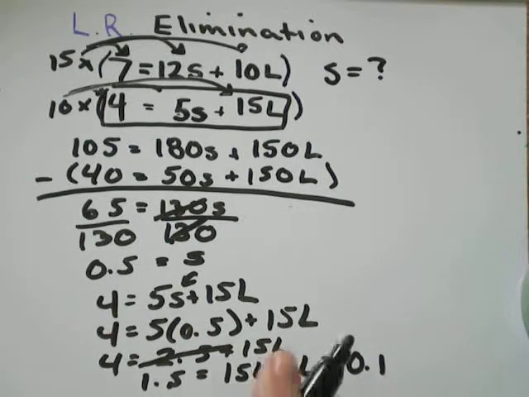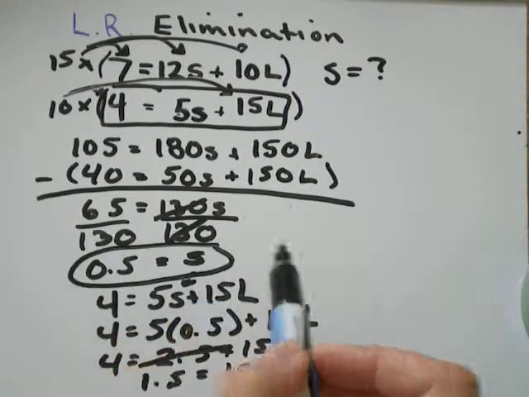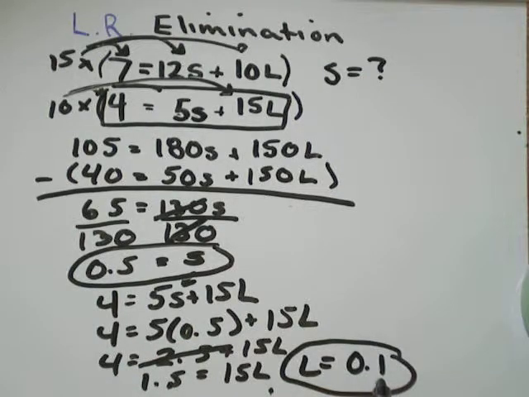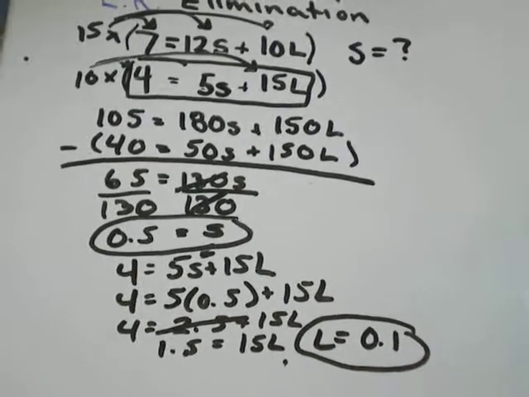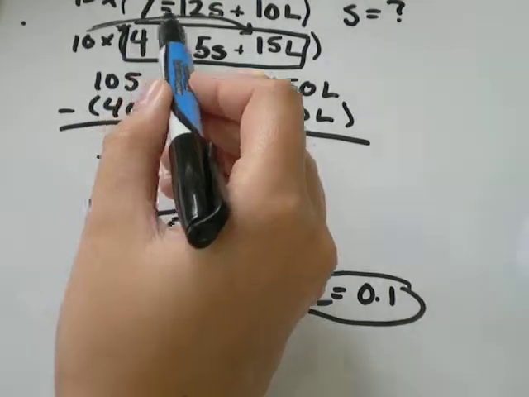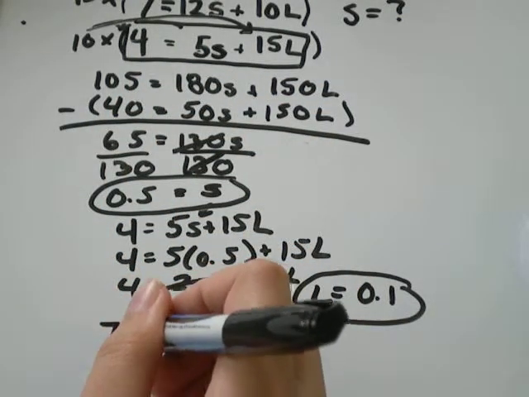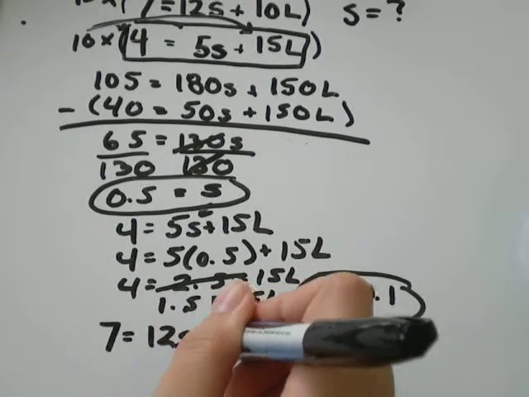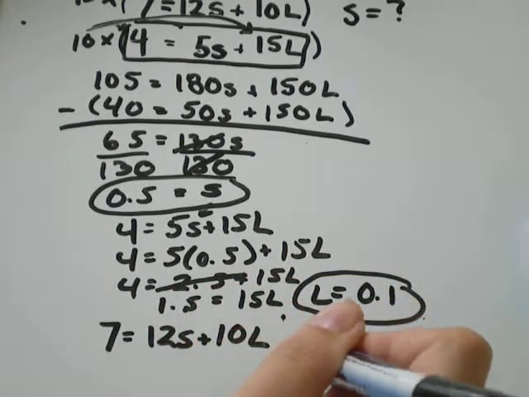Now, a good idea is once you have what S equals, and once you have what L equals, plug them into the other equation just to double check that it's still going to work out just fine. Let's go here. Okay. So this equation up here, 7 equals 12S plus 10L.